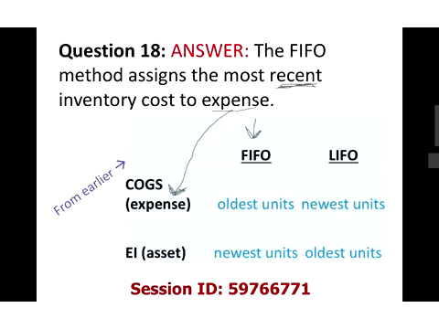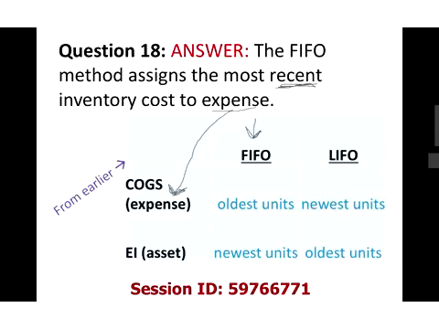Okay, again, right now I've got 88% of you right. So look at this carefully. Look at your screen. It says the FIFO method, so you're looking at the FIFO column, right? Assigns the most recent. Recent means newest. Inventory cost to expense.